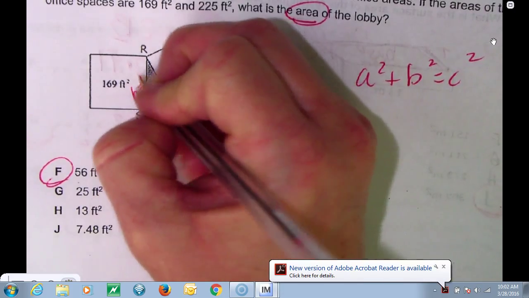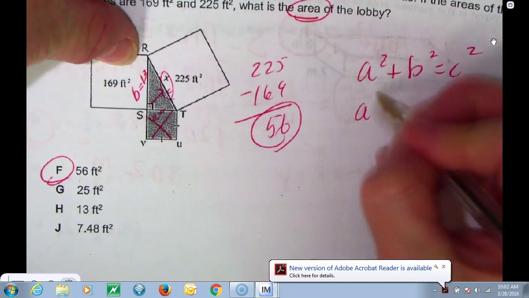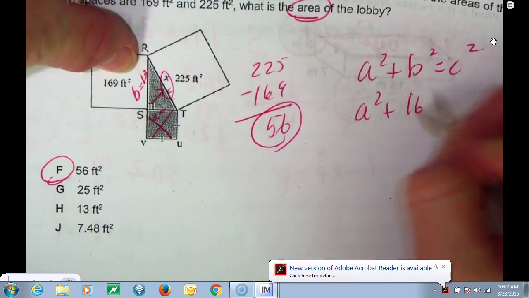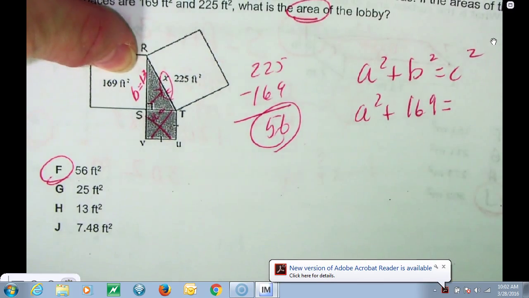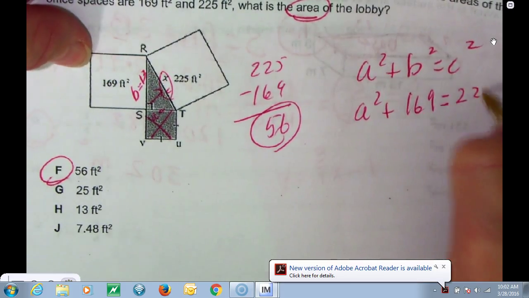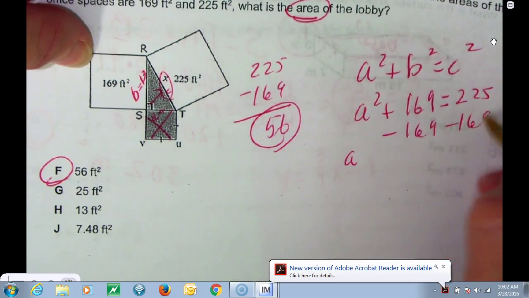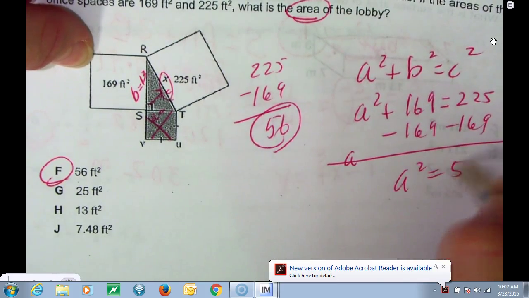B is 13, but you didn't even have to do that. 13 squared, they gave you the area. That'd be silly, go get the square root and then have to square it again. Some of y'all did that. Then I'm going to subtract 169. So A squared is 56.